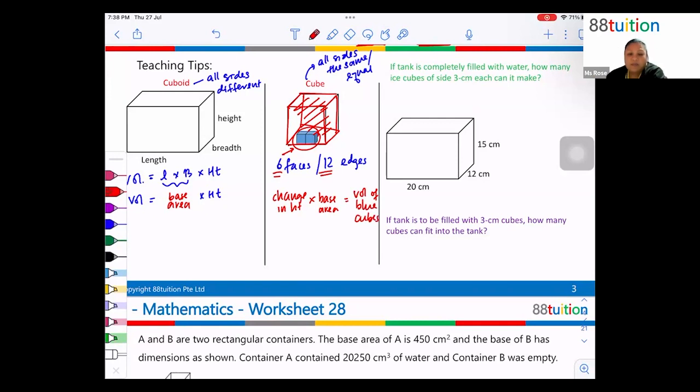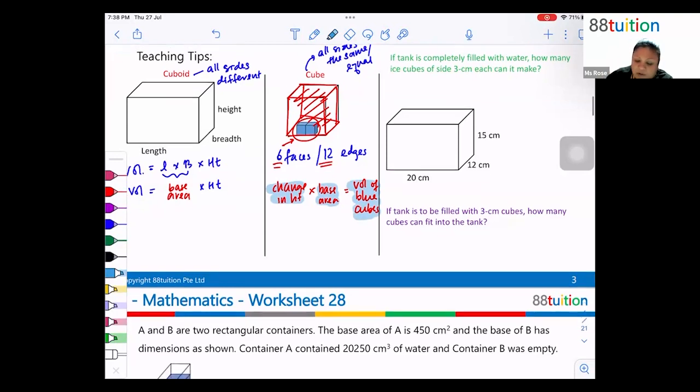That means when you take out the blue cubes, the water level will drop. So you multiply the level of water that dropped with the base area, and the change in water level times the base area will give you the volume of the blue cubes. This is similar to displacement in science, if you can recall that.